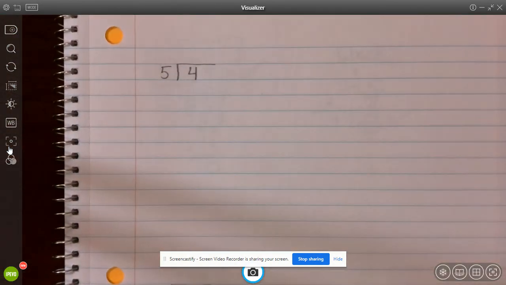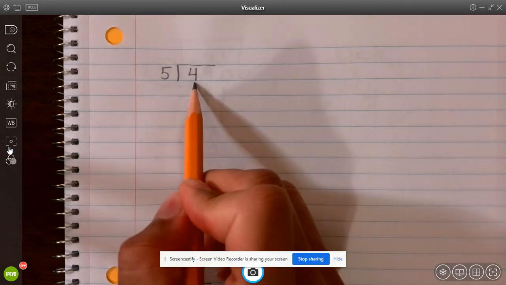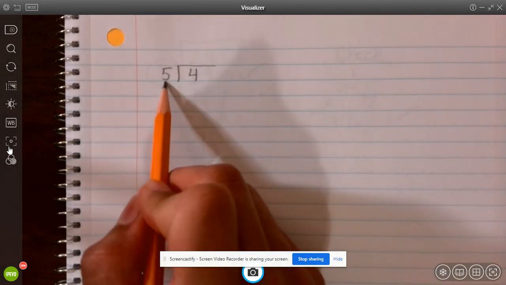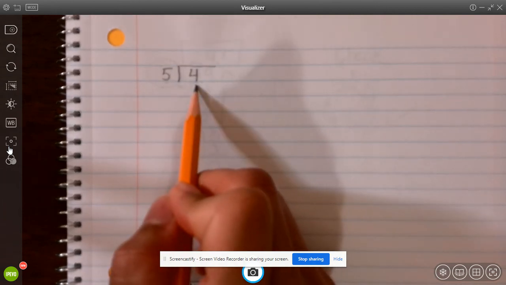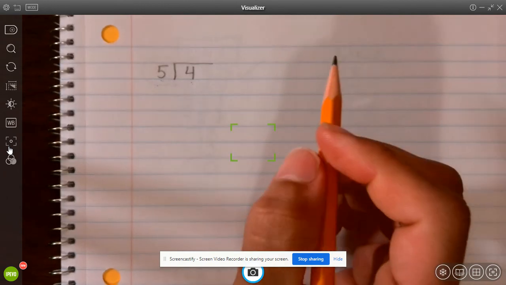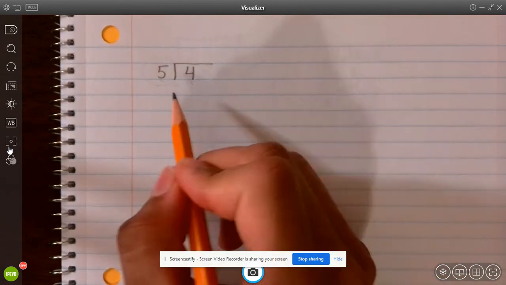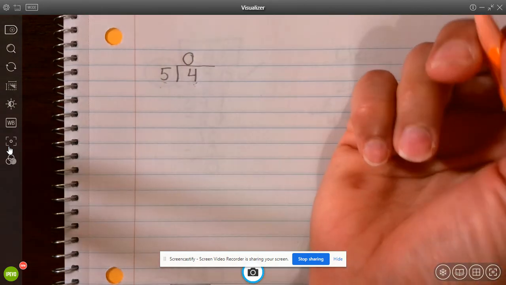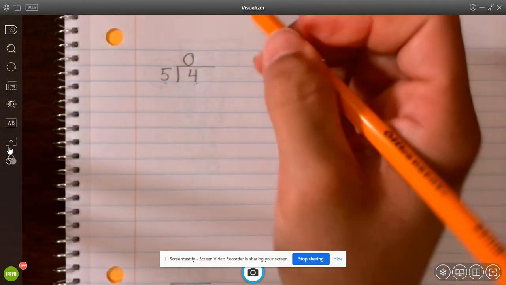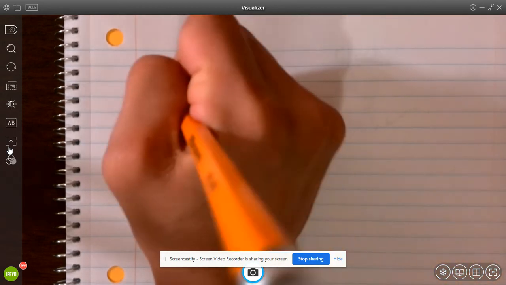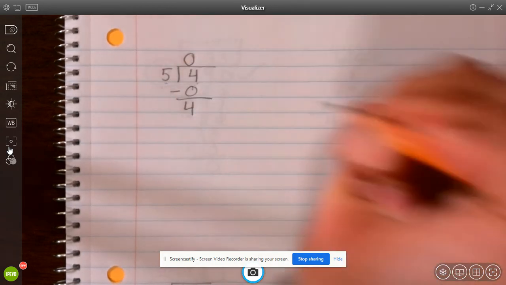Okay, so I have 4 divided by 5. Can 5 go into 4? No, it cannot. 5 is too big. So I'm going to put a 0 because 5 cannot go into 4. And we multiply as we usually do. 0 times 5 is 0. Subtract. I'm going to bring down my 4.